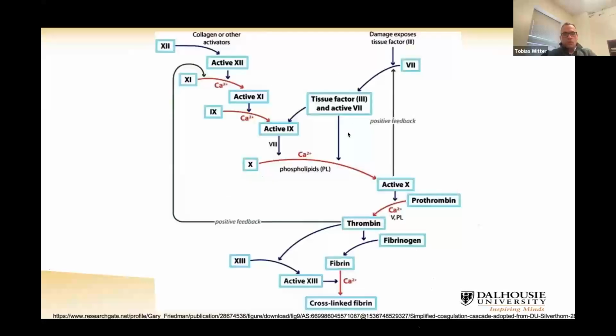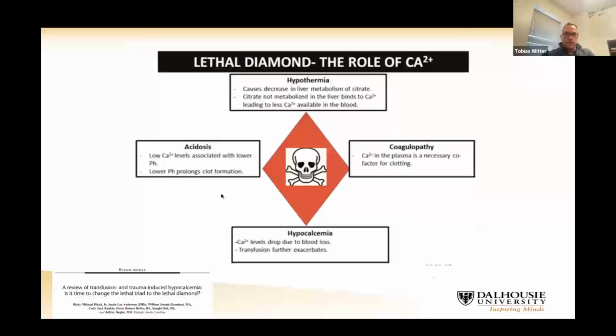As you all know, this is the textbook picture of how our clotting cascade works. And I want to bring your attention to that little thingy here, that's everywhere. So calcium is a very important cofactor in pretty much every step of our coagulation cascade. And therefore, people expand the triad to a lethal diamond, including hypocalcemia.